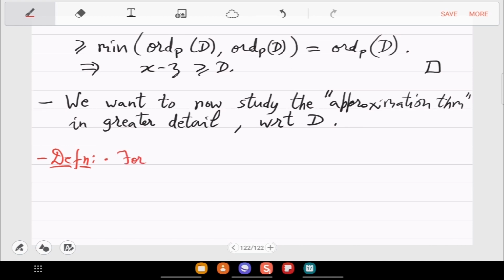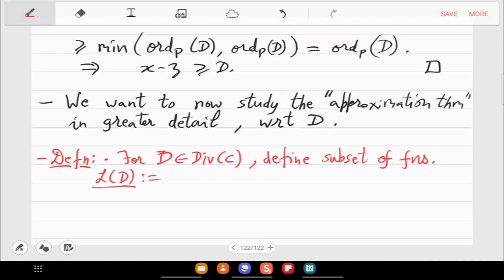So for a divisor D, define LD to be the zero function and all the non-zero functions whose principal divisor is at least minus D. So we'll call it the LD sheaf.